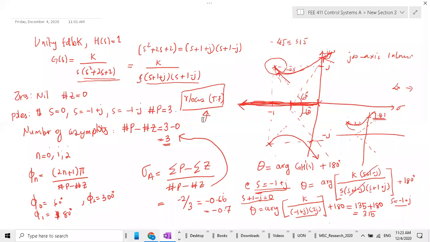I won't go into the derivation of the angle of departure formula, because according to the syllabus it's not part of what we look at. But what you can appreciate is that these are rules or tools to help us sketch root locus.